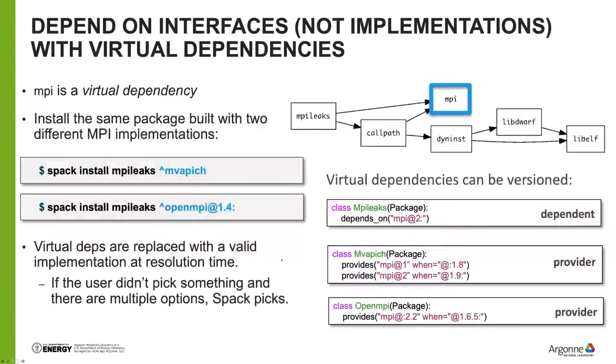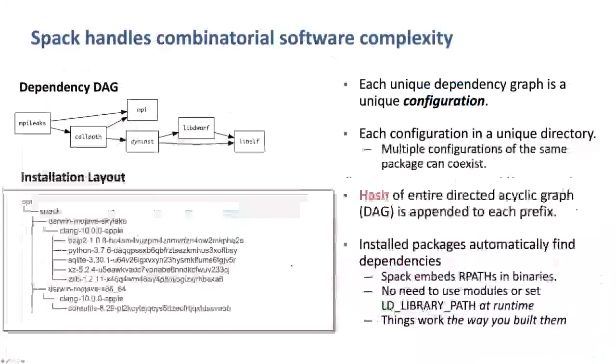If you don't tell it which one to use, Spack will pick something for you. It may or may not be what you want. So it's important to look at what Spack gives you: when you spec something, you can see what it's going to give you, and then you can actually go ahead and build it if it makes sense. Otherwise, you may constrain it further.